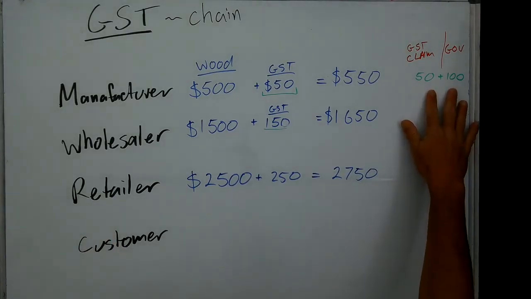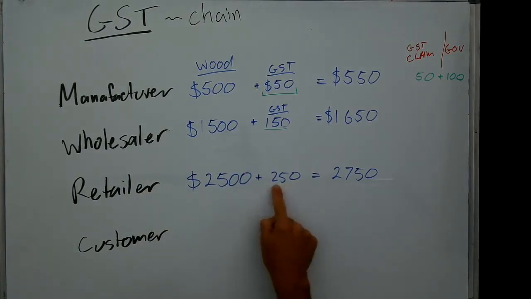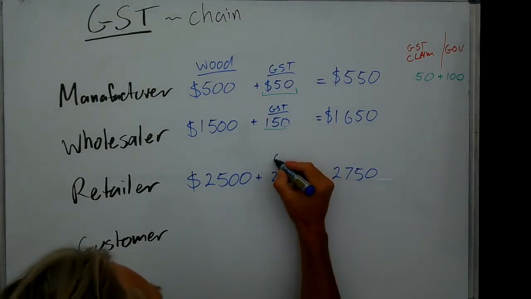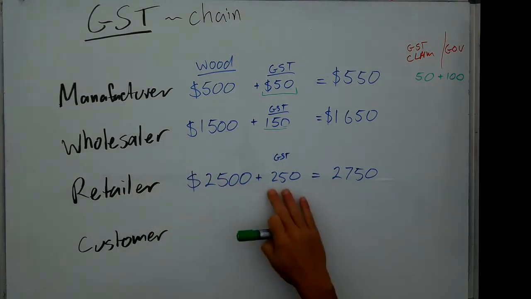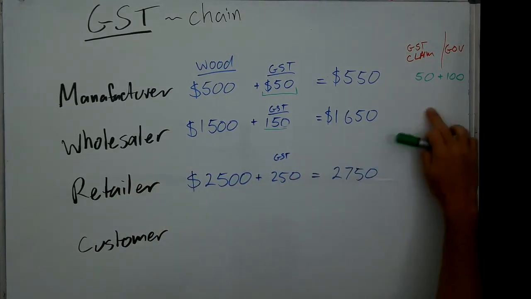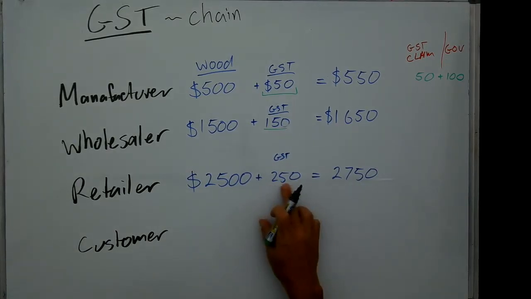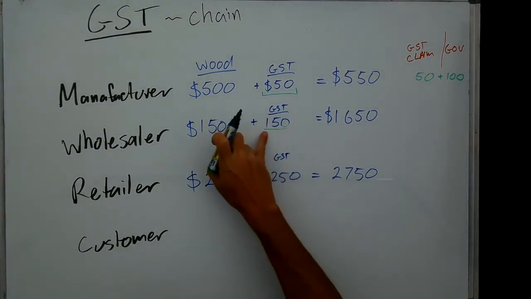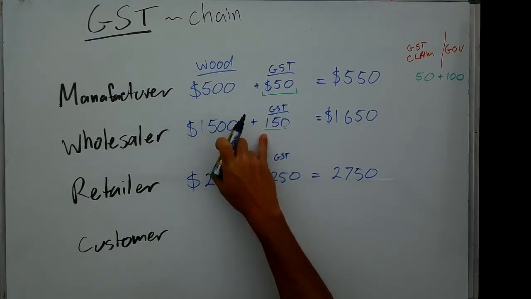Now, like I did over here, the wholesaler has now collected this GST. Write that there. So they put this $250 into their GST account, and at the end of the financial year, they can claim this $150 back because they've got the receipt from the manufacturer.